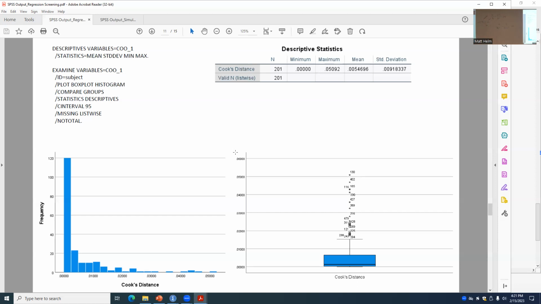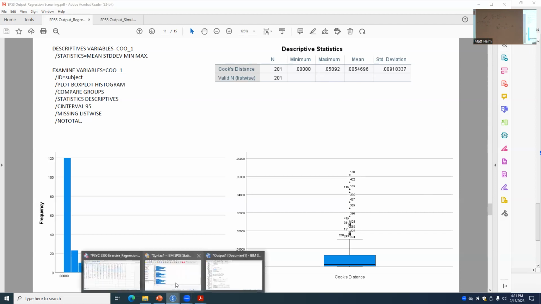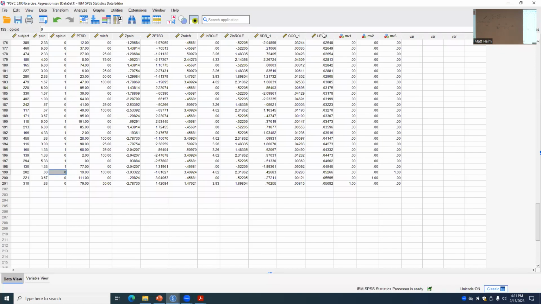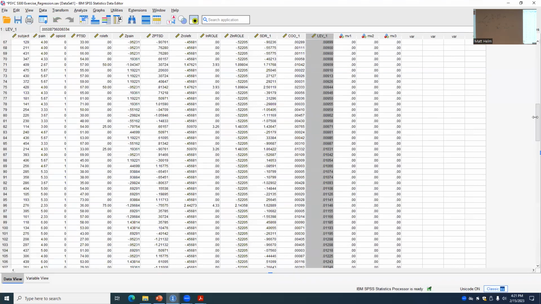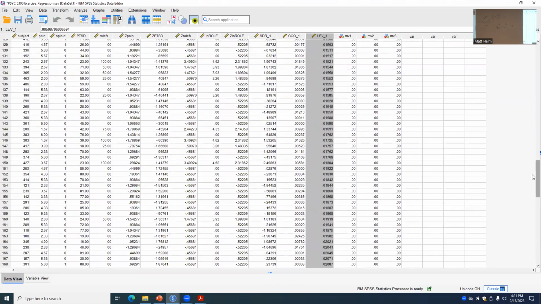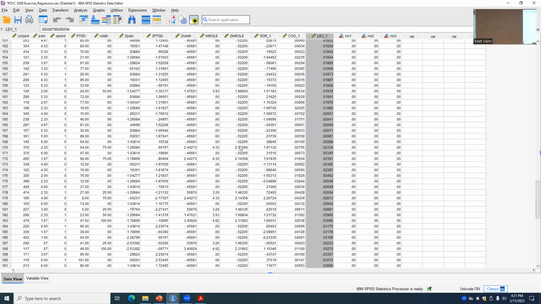Here, seeing that we do have a max of 0.05, right? So we've got some cases that are serving as high leverage or as high influence values here. If I go back to my set and sort by my leverages, my threshold is 0.020.